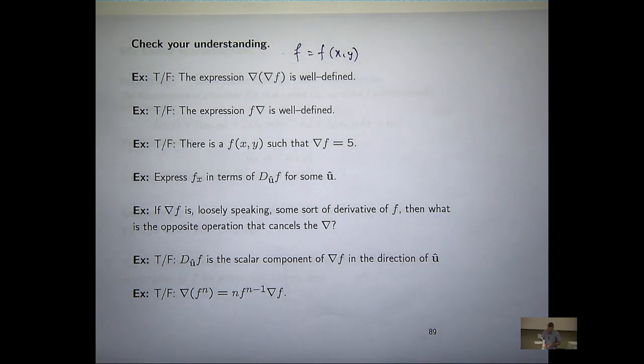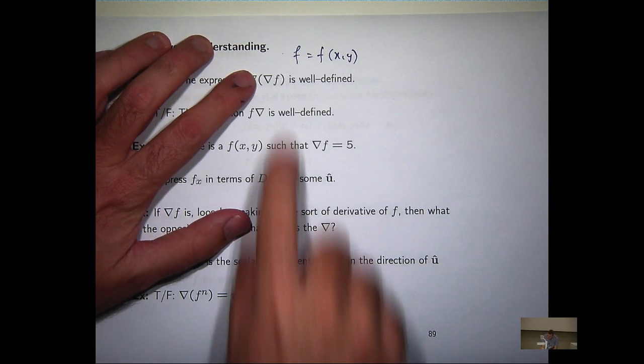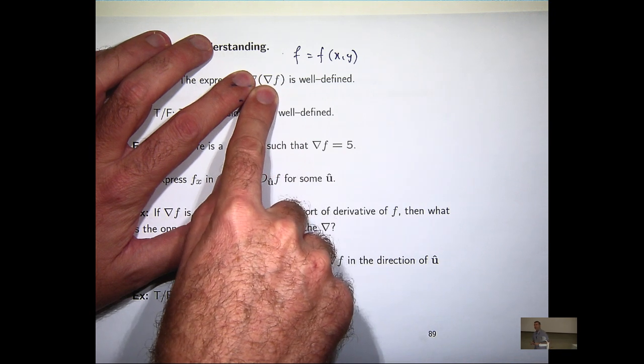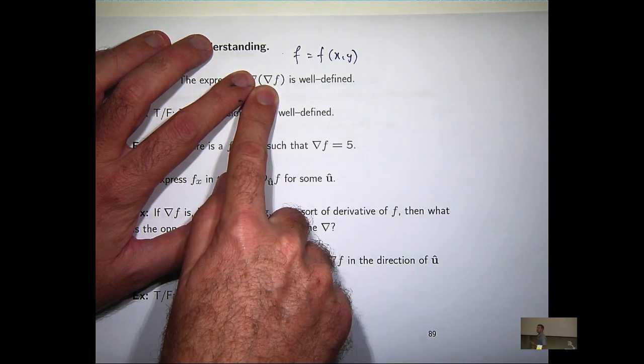Who thinks it's true? Who thinks it's false? Why do you think it's true? Who said it was false? Why? Absolutely. f's just a real valued function, but as soon as you take the gradient, you form a vector.